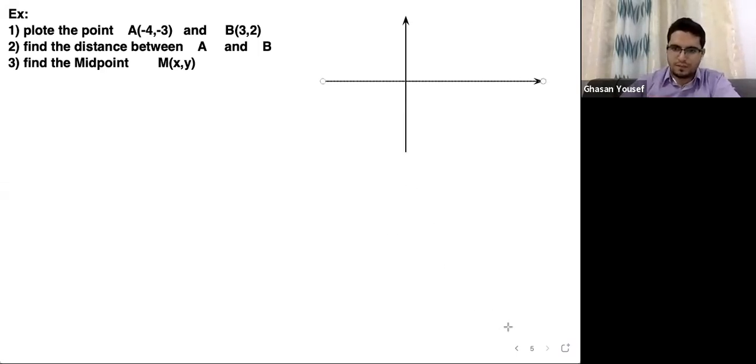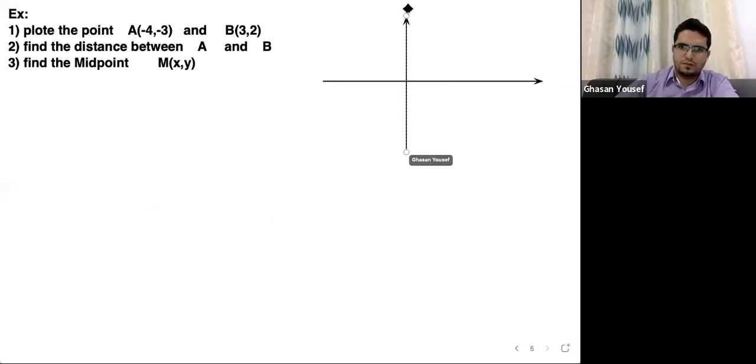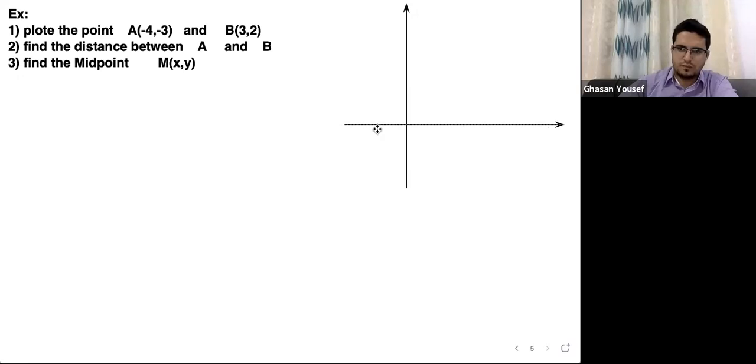How can we do the first one? Plot the point -4, -3.